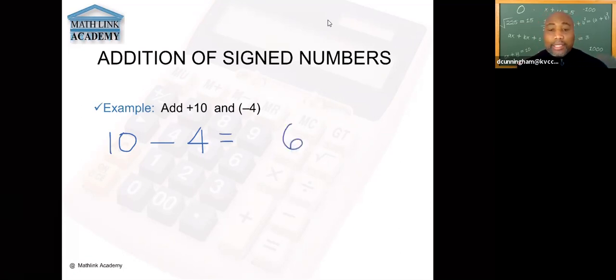Now, what we need to know is, is it a positive 6 or a negative 6? Since our bigger number is positive, this answer would be a positive 6. It's almost like having $10 and you lost $4, which gives you $6. You still have money, but it's less than what you had before.